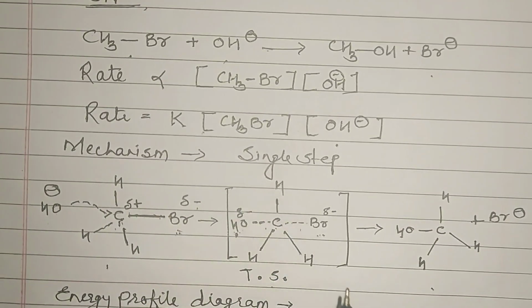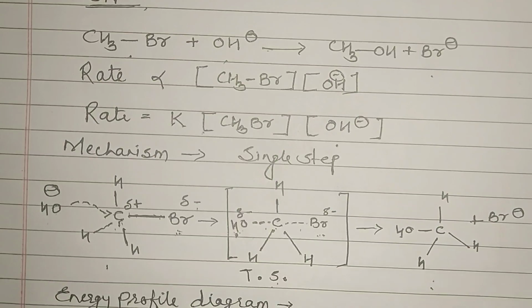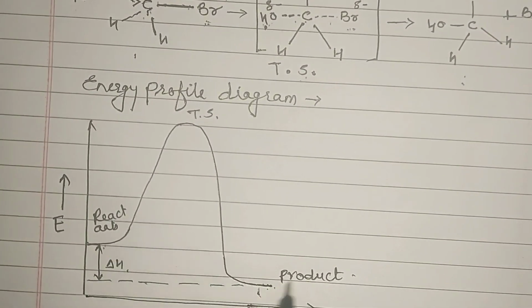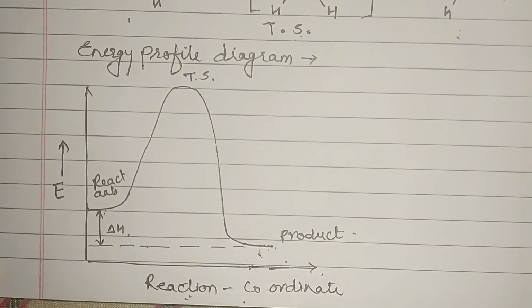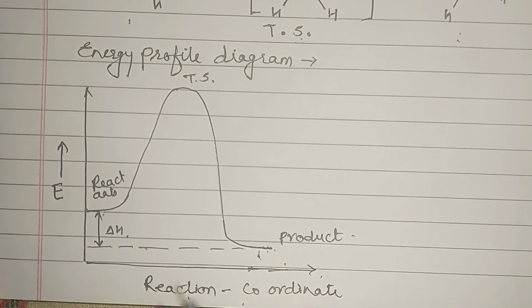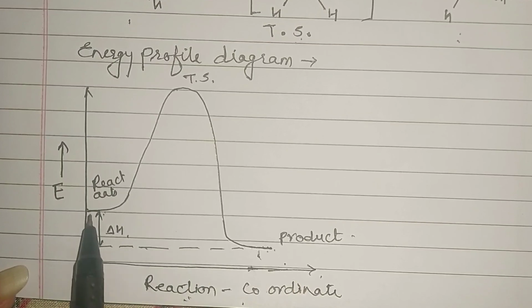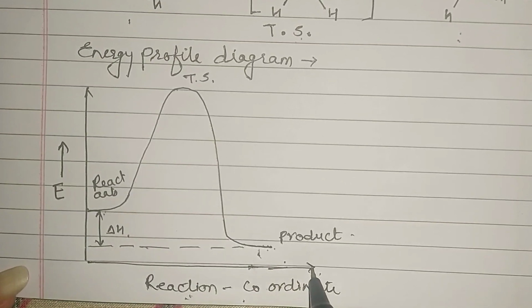This reaction is a single step reaction, and we get a transition state, and after that it converts into product. After that we saw the energy profile diagram of the SN2 reaction. So this is enough for today.